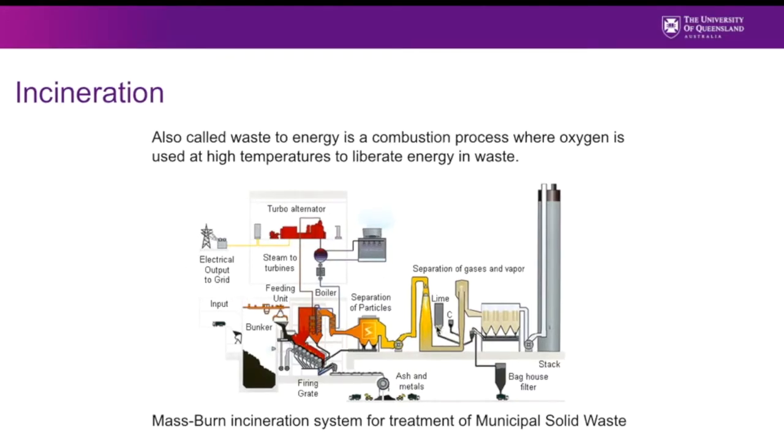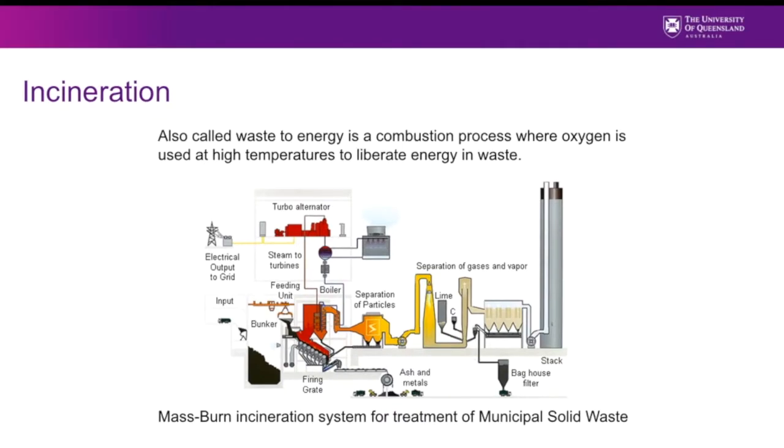We have also the liberation of the gases, and this is one of the main drawbacks of the process when the gases are not treated prior to emission. As I said before, the ash also can contain toxic elements, so treating ash or a proper disposal is important.